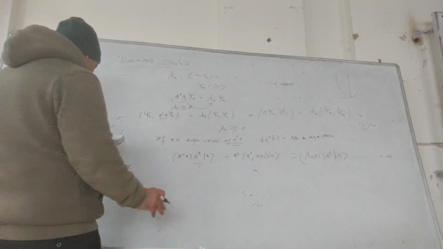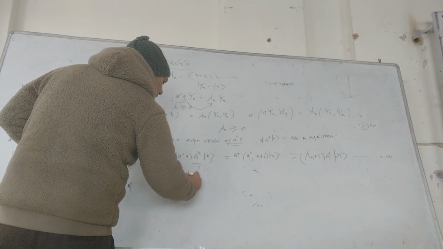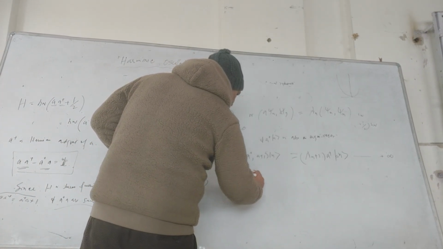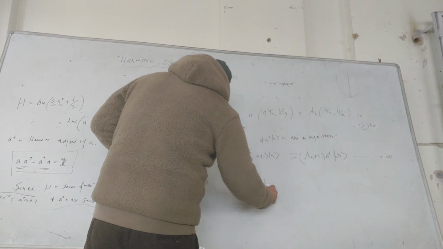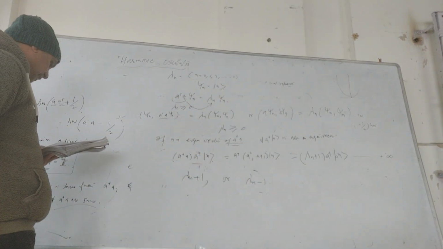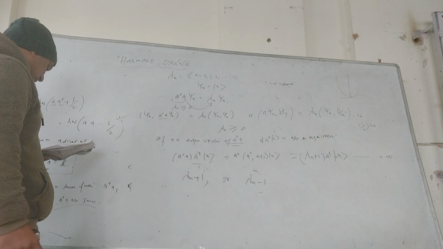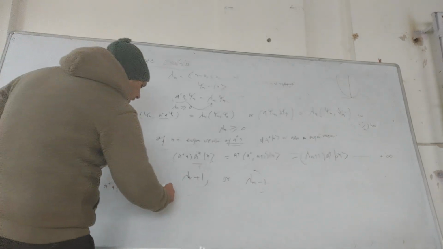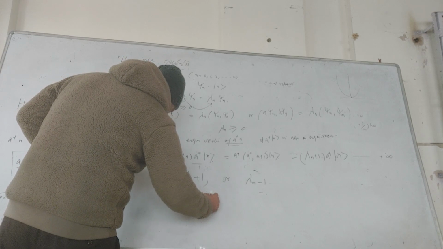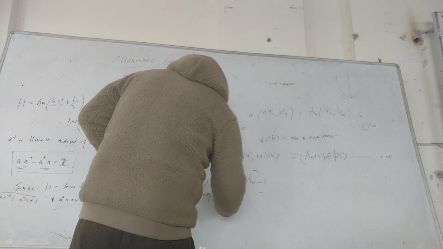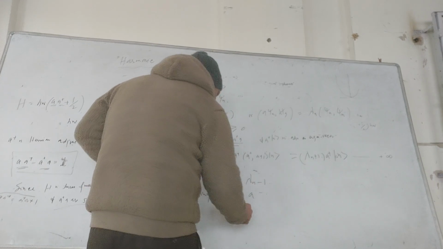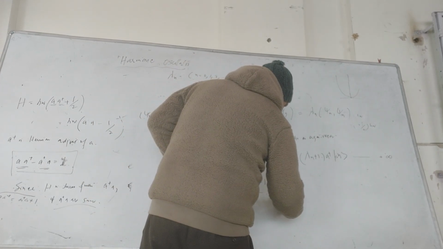So we say it will be lambda n plus 1 or lambda n minus 1. For example, by designation, we call A dagger the raising operator and A the lowering operator.